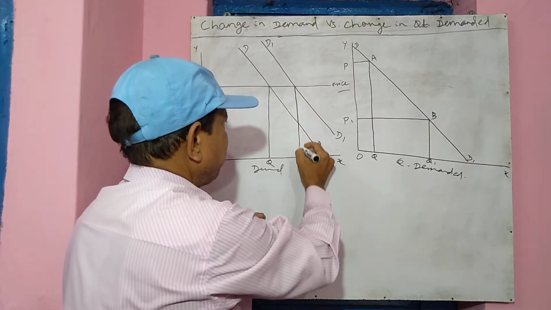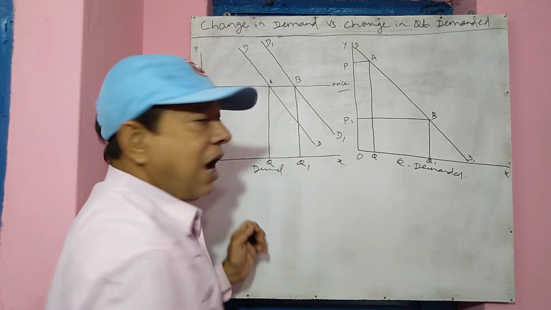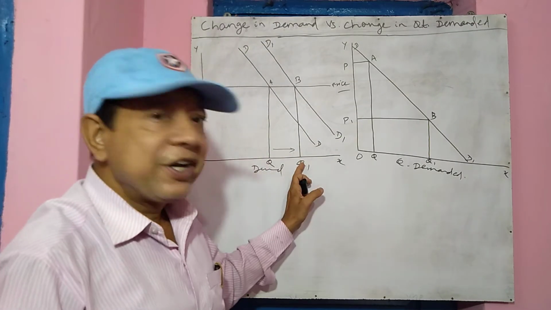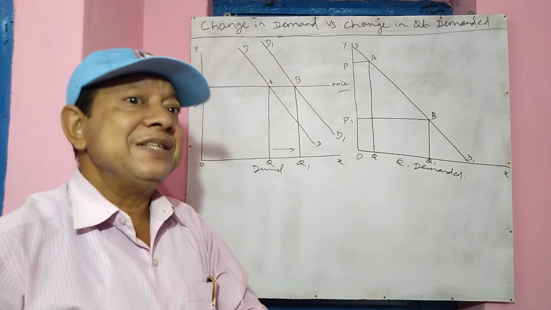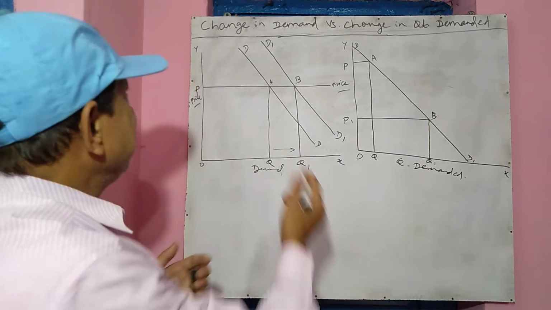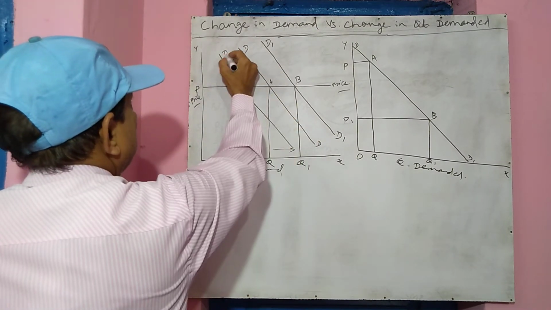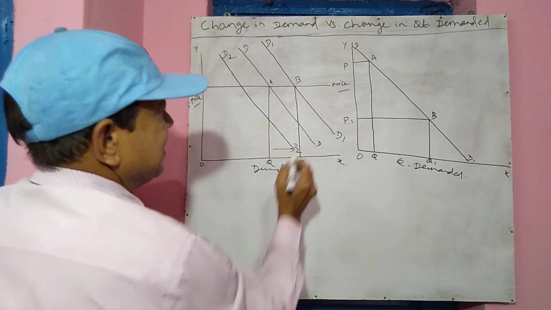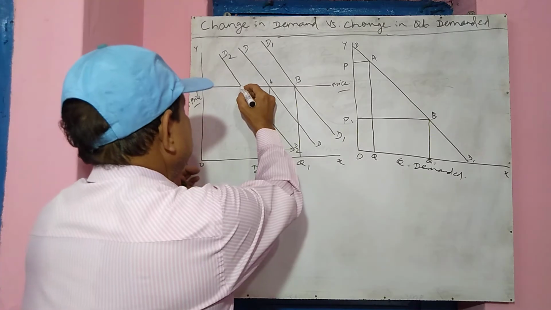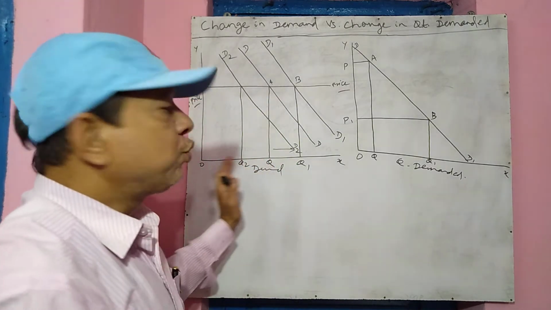So if this is point A, this is point B. Now our demand rises from OQ to OQ1. This increase in demand is due to change in other factors, not change in price, right? Similarly, if demand falls, the demand curve shifts to the left, that is the D2 demand curve. Accordingly demand contracts from OQ to OQ2.